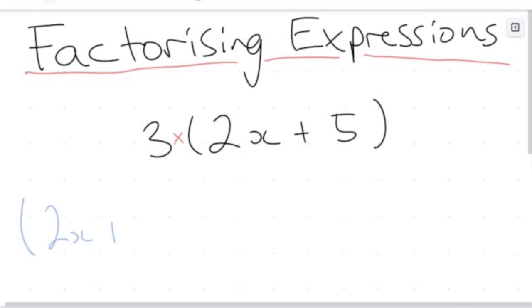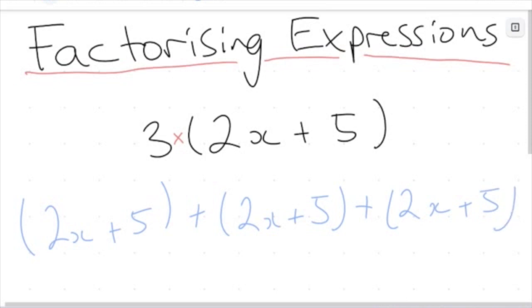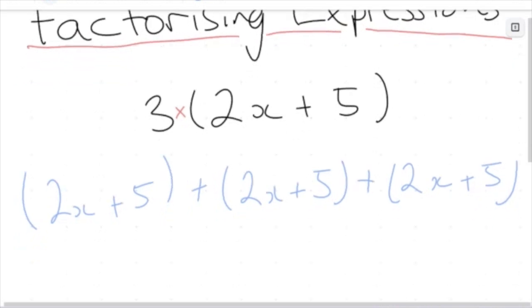So we have 2x plus 5 plus 2x plus 5 plus 2x plus 5. Because multiplication is just a shorthand way of adding. As we said in previous videos, multiplication is just an abbreviation for addition. It's a shorter way to do addition.